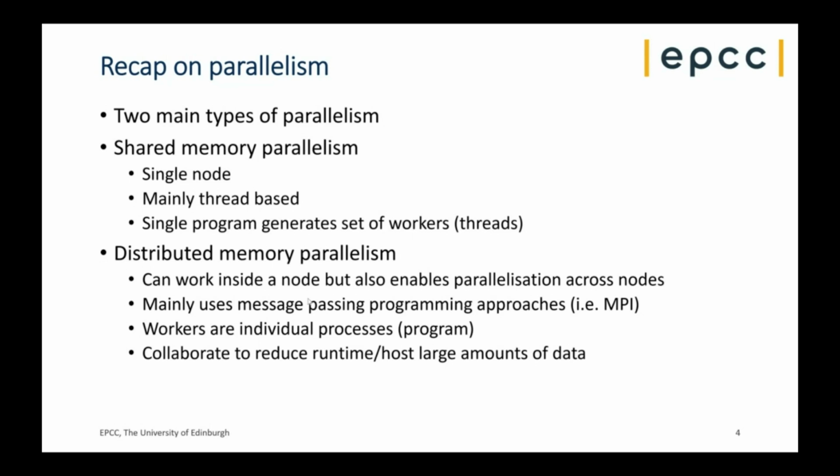Of course, the way MPI works, you can also use all the cores inside a node, but in a distributed memory fashion, you run lots of individual workers. They're all separate. There's nothing shared between them, and they just talk to each other over a network. That network might be inside a node, and that network might be outside a node, but they don't really care.